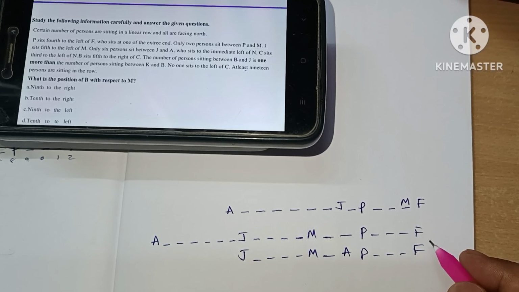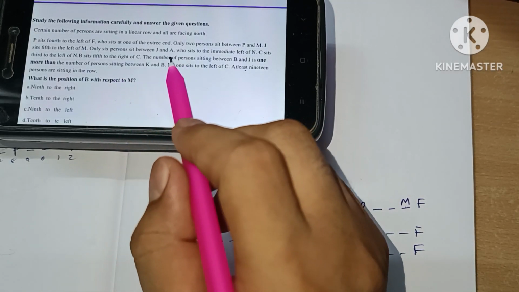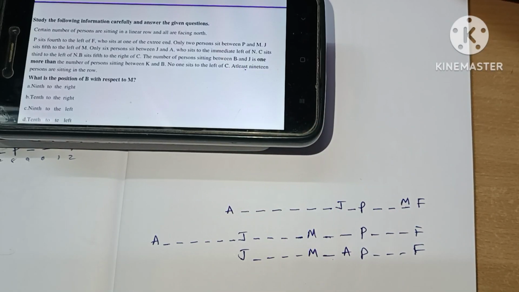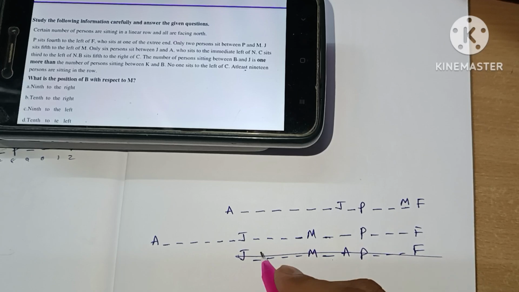So totally we get 3 possibilities. Okay. Next, A sits immediate left of N. So in this case there is no place for N, so this case fails.